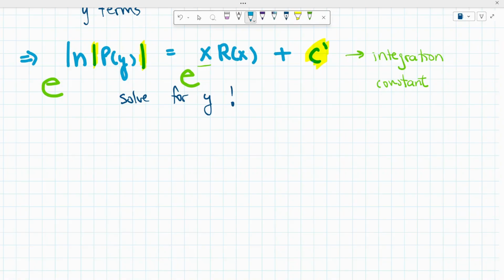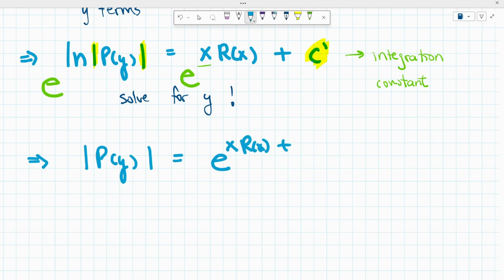So over here, we now have the absolute value of p of y equals e to the integral of r of x plus c prime. Okay, so now what can we do? Well, the first thing we can do is look at our exponential rules.